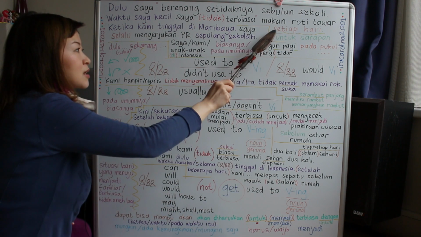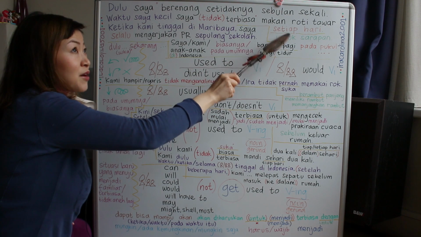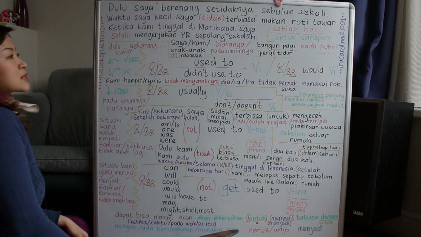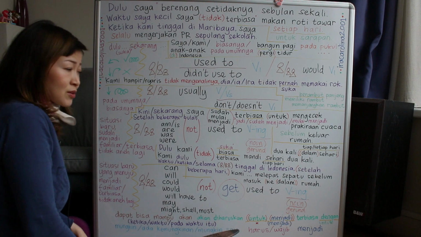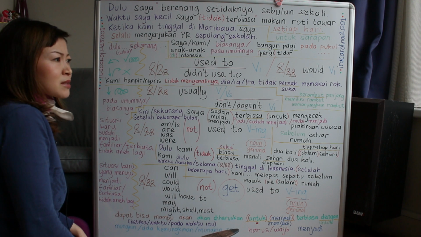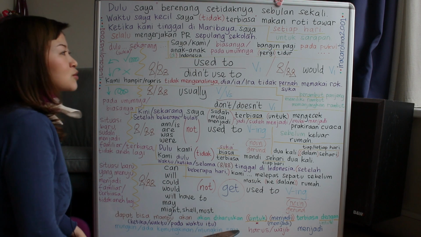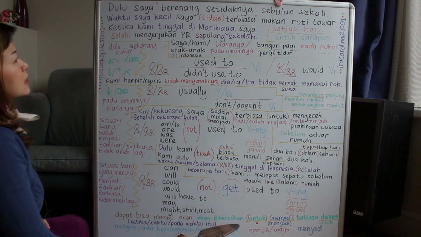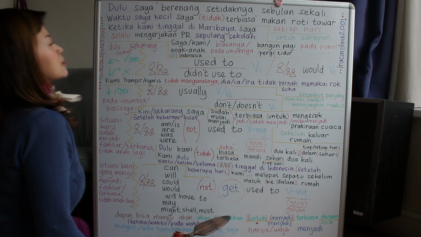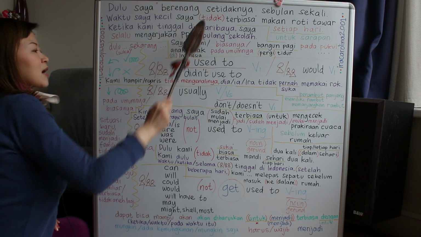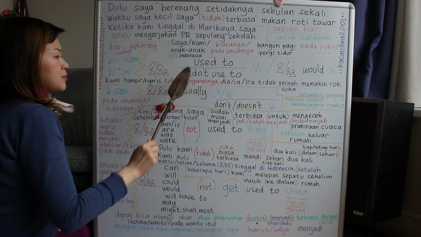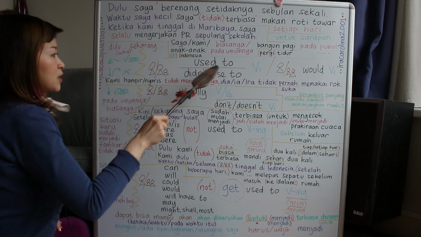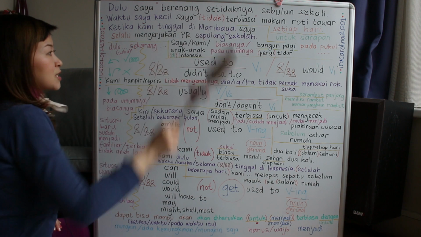So setiap hari. Even though tiap itself is already every, sometimes to make it really formal or to make sure, we put the prefix se. You can put the tidak to make it didn't, but if you want to make it used to, we don't use the tidak.